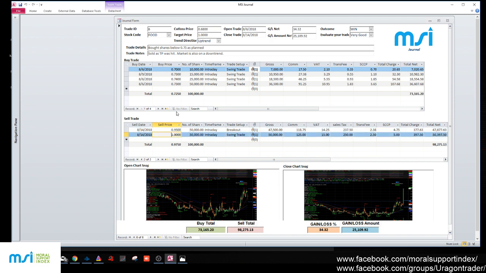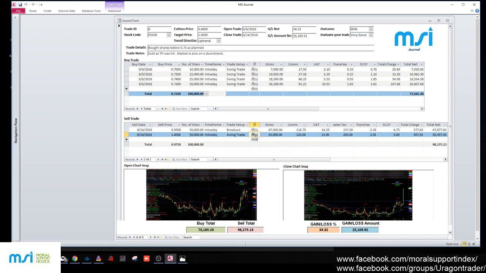Nag-tranche selling tayo. This is the total number of shares na nabili natin is 100,000. And our average price would have been around 72.50. So selling naman, ang ginawa natin, nagbenta tayo ng 50% at 0.95 and 50% at 1 peso because yun yung ating target price.